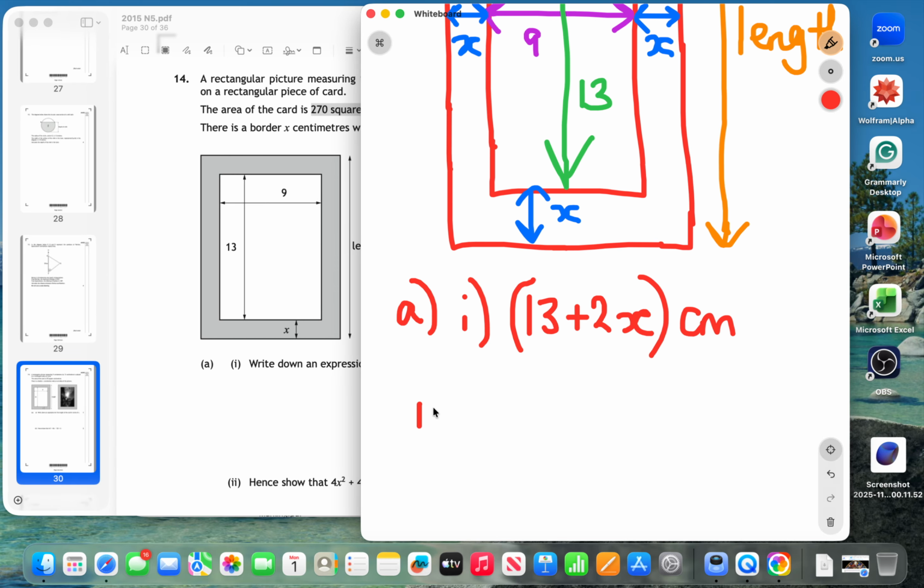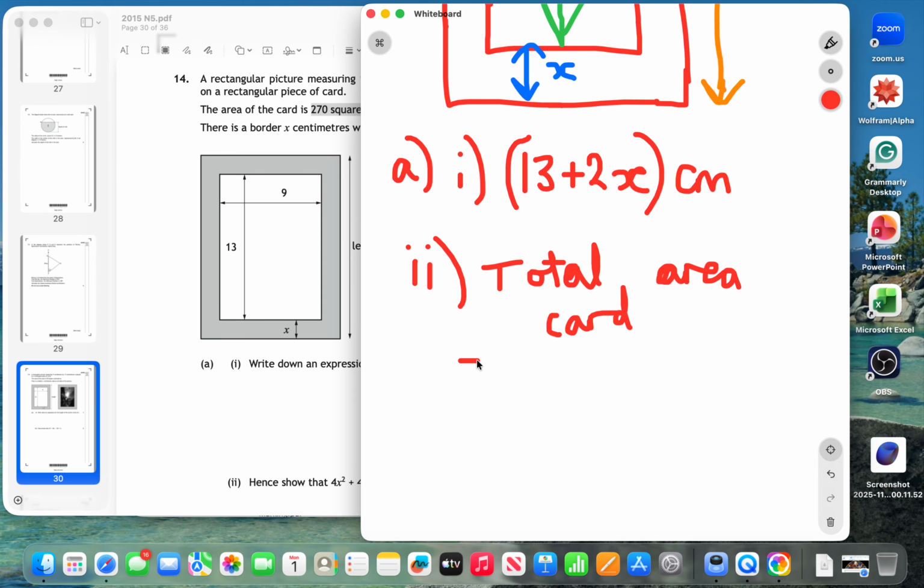So we say total area of the card is equal to the length multiplied by the width, and you want to write all of this out just to be on the safe side.